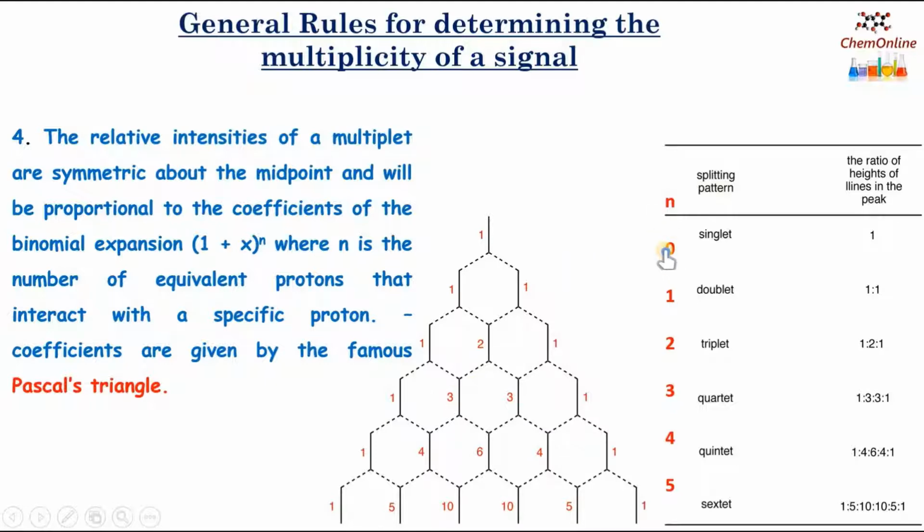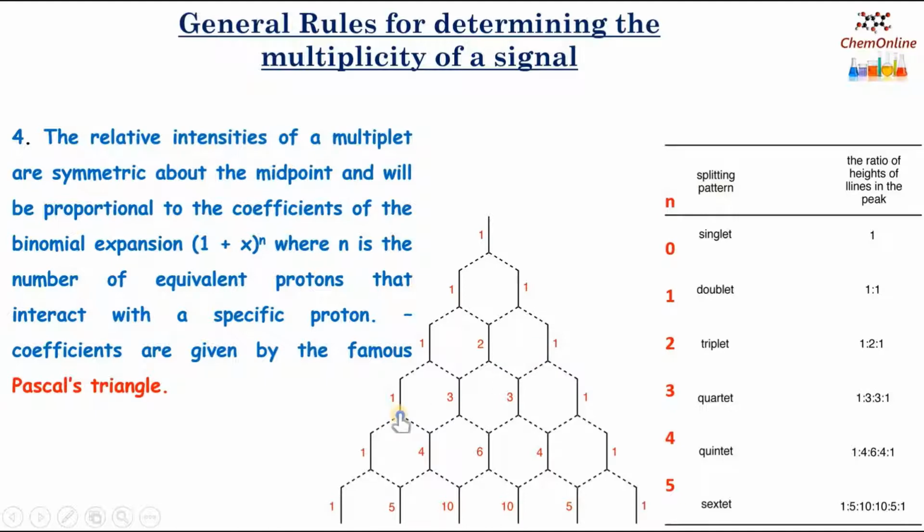If n equals 0, we will have a single peak and the intensity is 1. If n equals 1, then the peak will split into 2, that is a doublet with intensity ratio 1:1. So by looking at the Pascal's triangle, we can easily say the intensity is 1:1. If n equals 2, then the peak will split into 3 lines, that is a triplet, and the intensity will be 1:2:1.